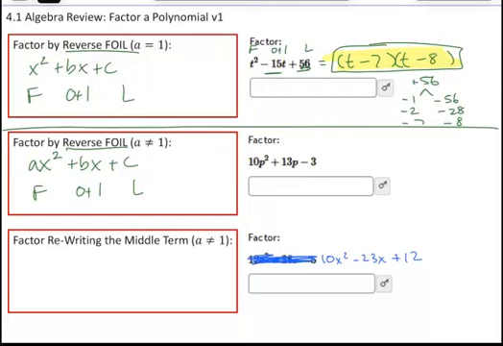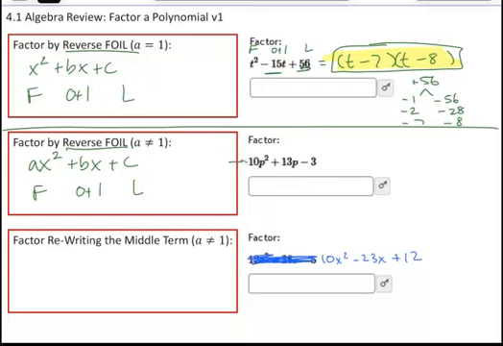If you just test the different possibilities that you can multiply to give you ax squared, and then the second term of each binomial factor would be the 2 factors that give you an overall product of c, then you can just find what works from that set.